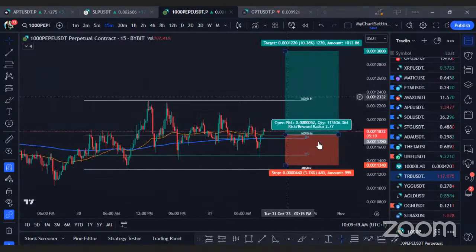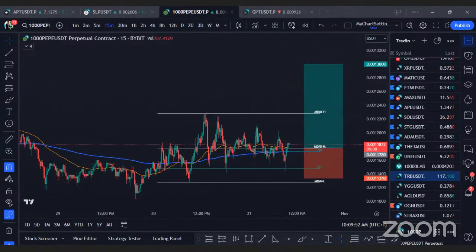Yeah, that's what I'm looking at for Pepe. Set that up and let's see if it will work.